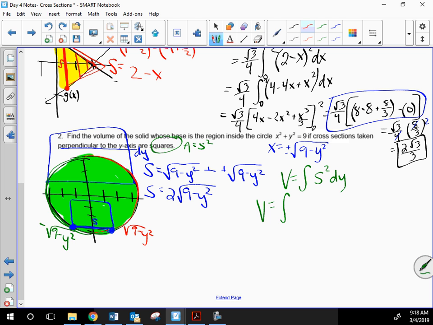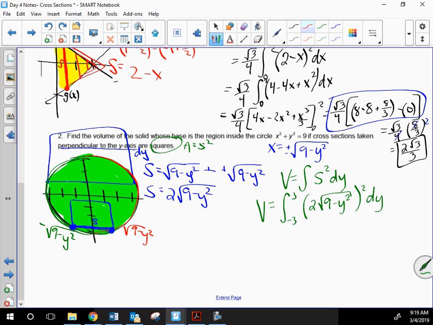What are my bounds for this? Yeah, and that actually didn't change even though we're going with respect to y. Alright, then my side squared, so I have 2 root 9 minus y squared, squared, dy. Okay, and then from here we can go simplify.